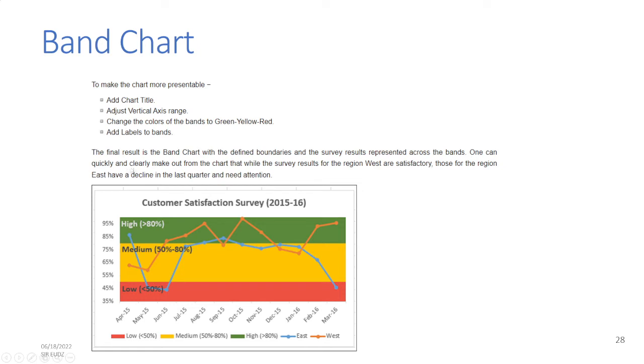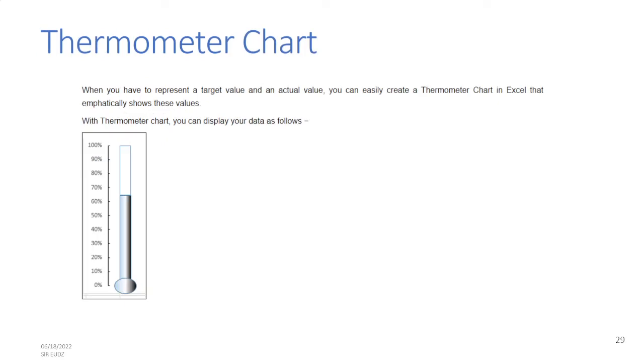One can quickly and clearly make out from the chart that while the survey results from the region West are satisfactory, those for the region East have a decline in the last quarter and need attention.